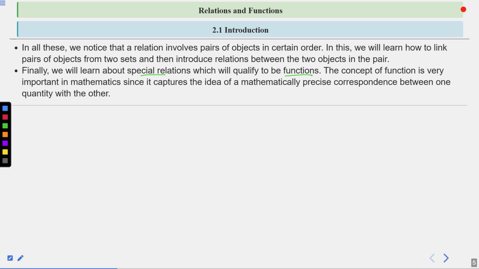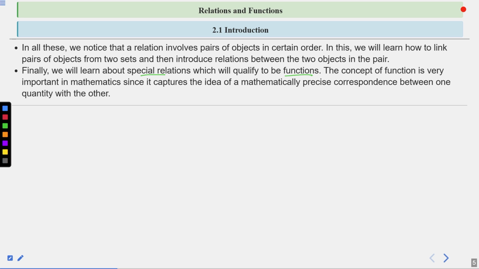And functions are very, very important in mathematics. In calculus, you always have to deal with functions. Trigonometry itself is a function. Clear?